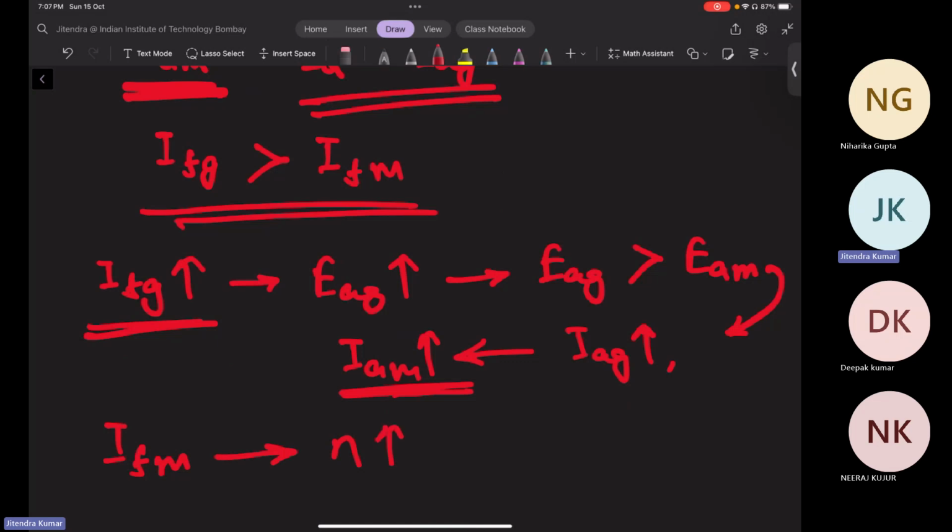The speed of the motor can increase, right? Now this will lead to an increase in the generated voltage of the generator. How? You are reducing the field current of the motor, but it is increasing the induced EMF of the generator. How?